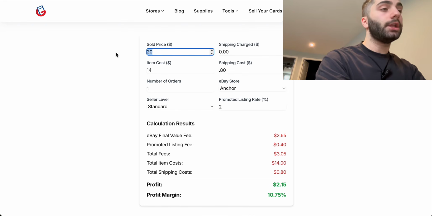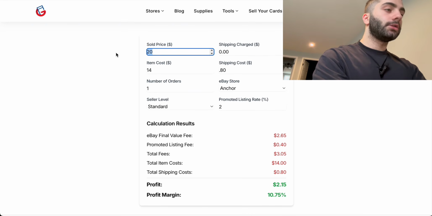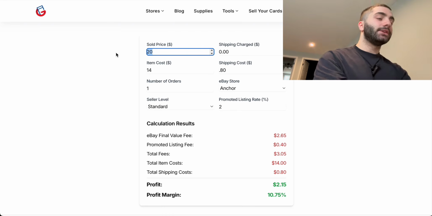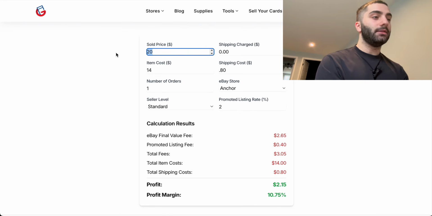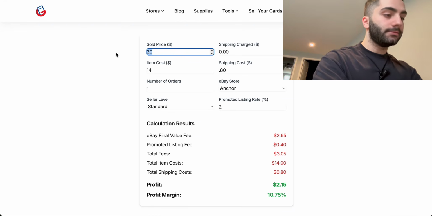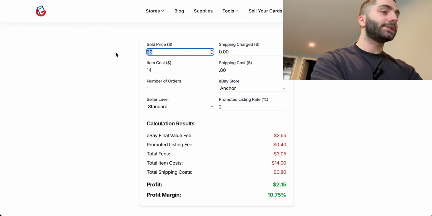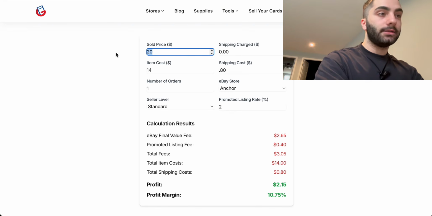And if it's worth $20, you're going to want to charge, I would say, the shipping label plus maybe a 10 to 20% if you want to be pretty safe on your profit margin. So shipping label, let's just say it's $5, and then 20% of 20 is $4, not $2.